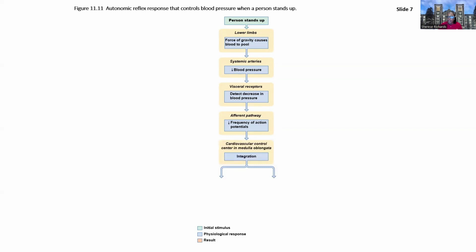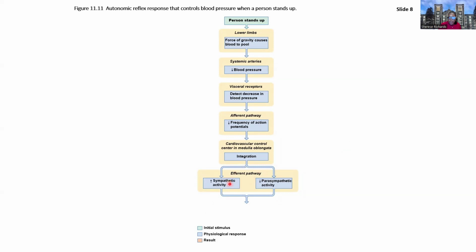Now, when these signals get to the CNS, namely the medulla oblongata in the brainstem, they're going to receive those signals, process that information, and come up with the instructions for a corrective change that's going to result in an increase in blood pressure. So the way that this happens is the medulla sends signals on efferent fibers. Remember, afferent is sensory going to the CNS, efferent is motor going towards the peripheral nervous system. So the efferent signals are going to do two things.